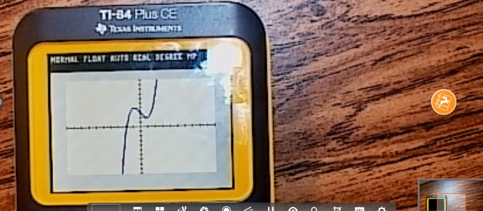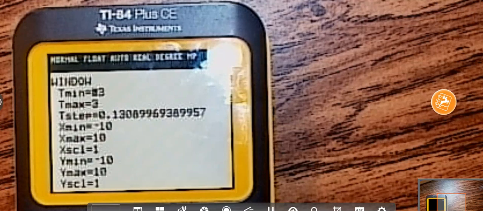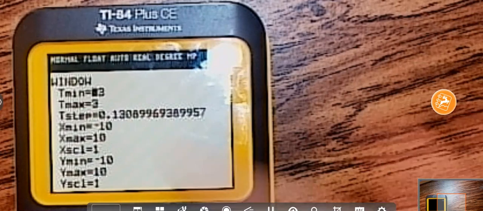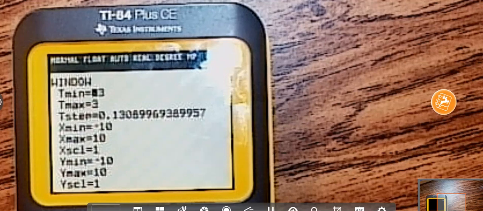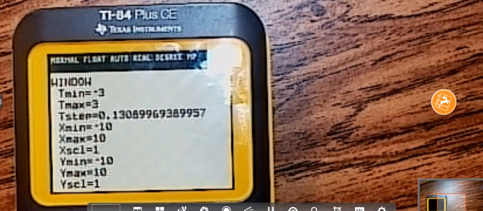Okay. I was concerned that I didn't have enough t values. My t values were set from a previous question that we did yesterday, -3 to 3. But I like to leave my x min and max on -10 to 10 unless they specify something different.